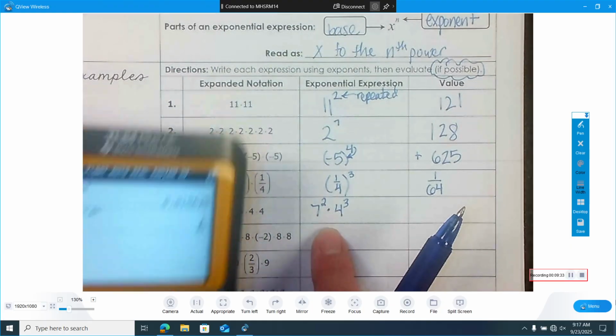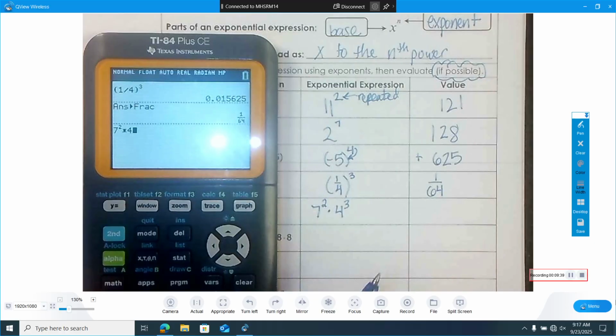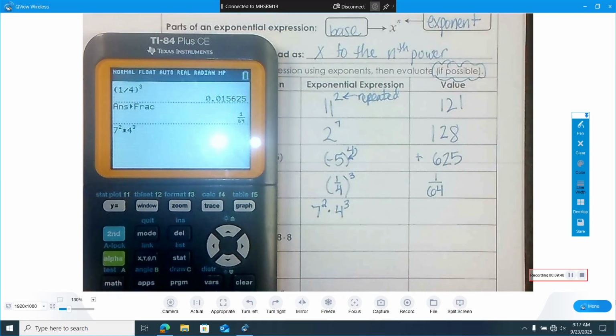If I want to plug this into my calculator, I'm going to do 7 caret 2 and then times 4 caret 3, 4 to the 3rd power. Make sure you don't get everything up in the exponent. You have to get out of the exponent land.